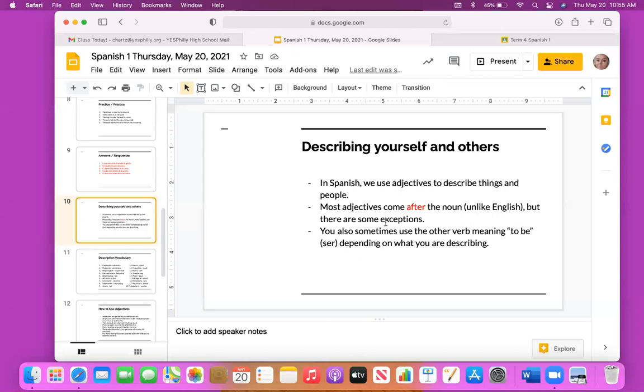I'll show you some examples then. I don't think we're going to get too much into that today, but that's just an example of it. And like I said, there are some exceptions, some adjectives that come before the noun, and we'll go over all that. You also sometimes use the other verb meaning to be, which is ser, depending on what you're describing.